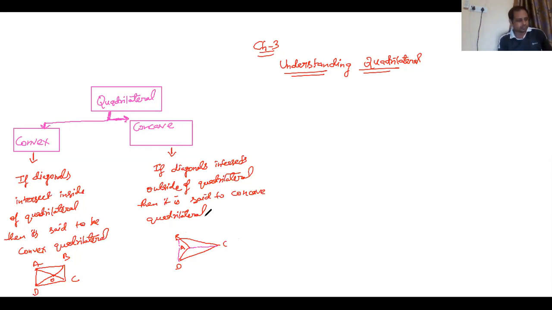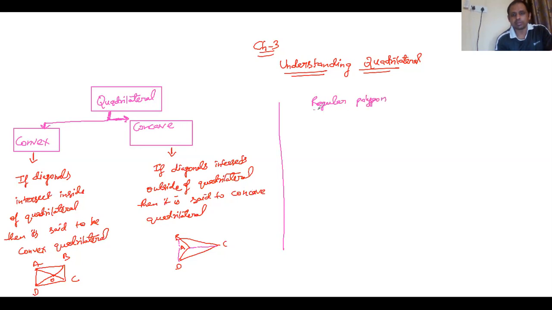Now, moving to the next part, that is polygon. We have already learned about polygons. A closed figure which is formed by line segments is said to be a polygon, right? And what do you mean by a regular polygon?